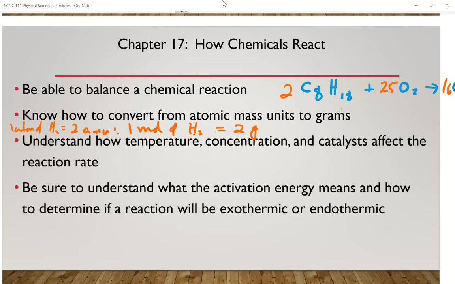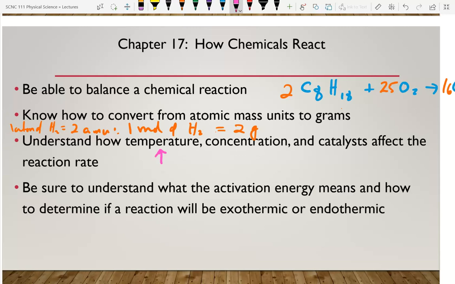We talked about the rate of a reaction. What will temperature do to make a reaction go faster? If temperature goes up, does the reaction rate go up or down? Okay, if the temperature goes up, it'll increase the reaction rate. What about concentration? With concentration, you have to be a little more careful because you have the concentration of your reactants and the concentration of your products.